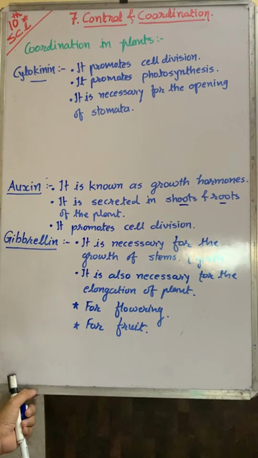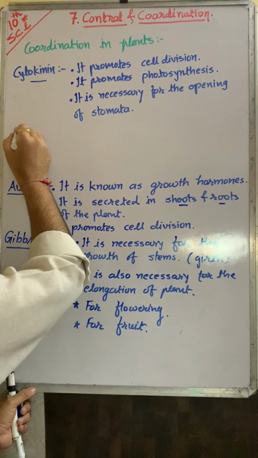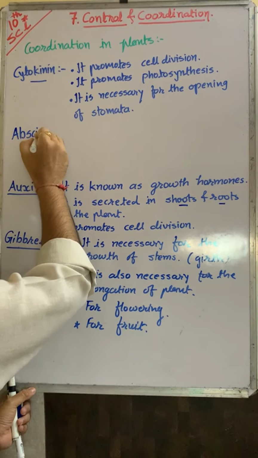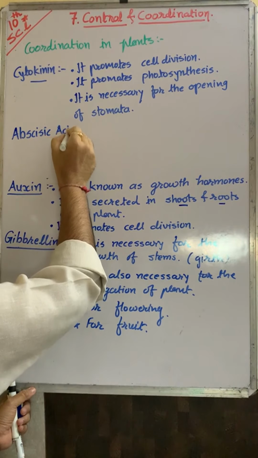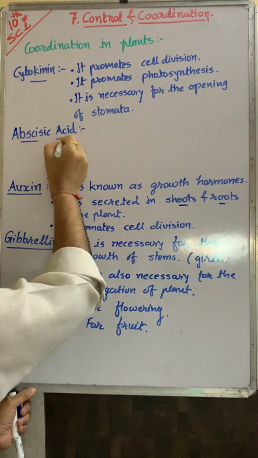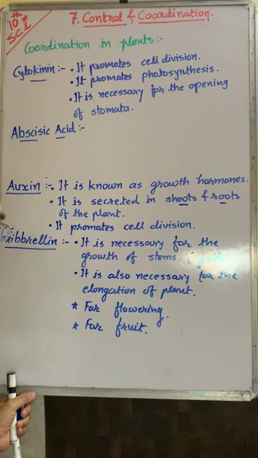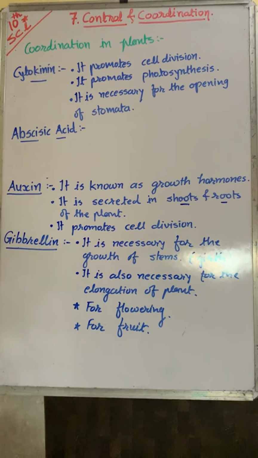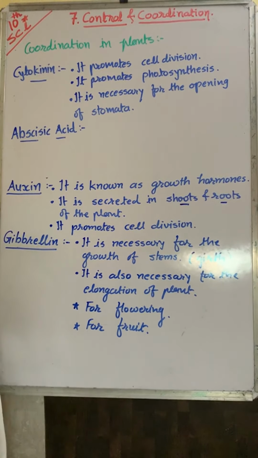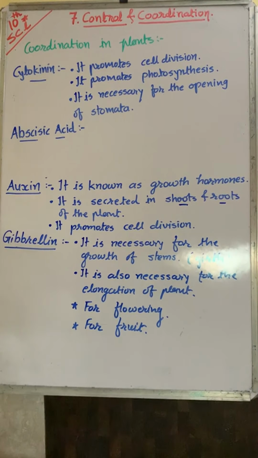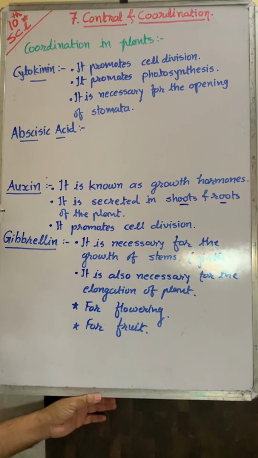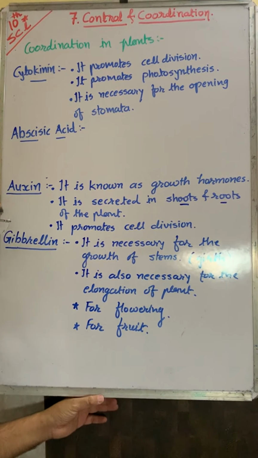Okay, these are the functions of cytokinin. Now abscisic acid. See, you have learnt about ANS, autonomous nervous system, that is called sympathetic and parasympathetic. Here also in plant, auxin, gibberellin and cytokinin are called the sympathetic hormones, whereas abscisic acid is called parasympathetic hormone.